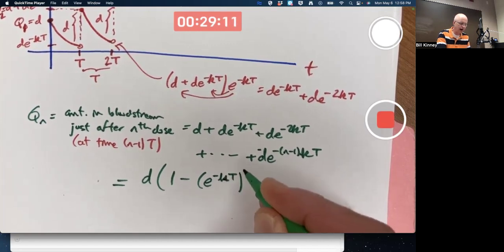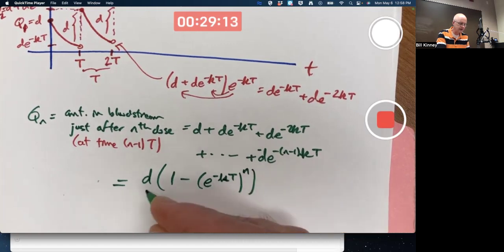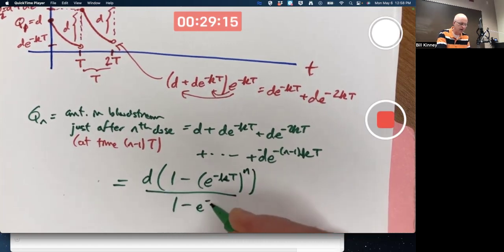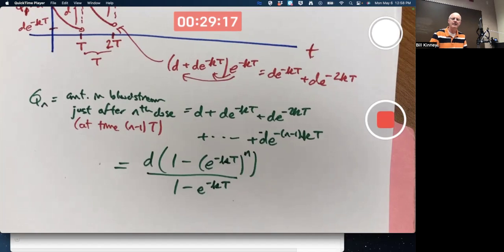That's got to get raised to a power equal to the number of terms, divided by 1 minus the common ratio. That is how much of the drug is in your body right after the nth dose. And K, by the way, again, is natural log of 2 divided by the half-life. You could write this in terms of the half-life H if you prefer. N is the number of the nth dose. D is the dosage amount.